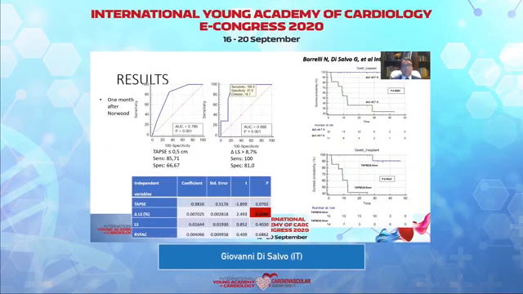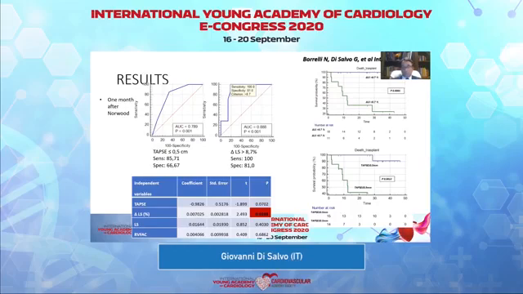And Nunzia Borrelli nicely demonstrated that a drop in longitudinal strain around 10% was the best predictor of poor outcome in these patients. And this could serve to identify the subgroup of hypoplastic left heart children with higher risk of poor outcome.